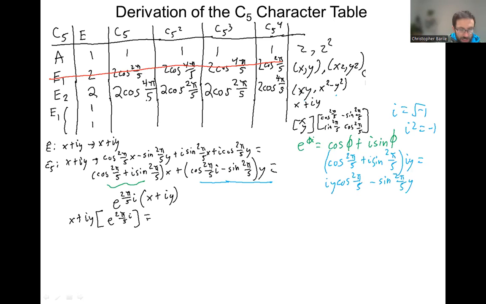And so that's the transformation for C5. Then we take the character, the trace of this matrix, the sum across the diagonals. Well, it's just equal to that, since it's a 1-by-1 matrix. So this is actually our value. A lot of this character table is going to be based on this e to the 2 pi over 5 times I, and we're going to define a value epsilon, and we're just going to call it that.